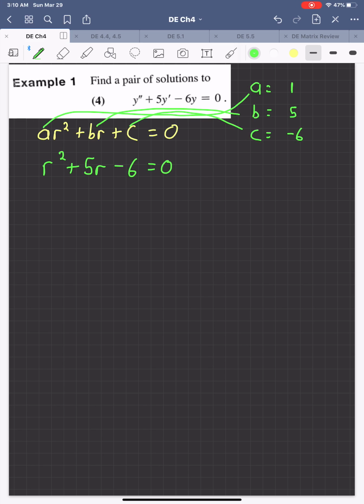Now this is the auxiliary equation for example 1.